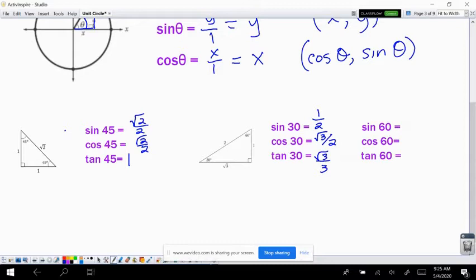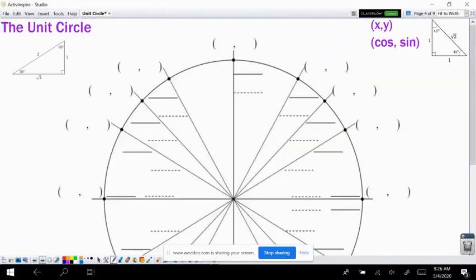Sine of 60, opposite over hypotenuse, root 3 over 2. Cosine of 60, adjacent over hypotenuse, 1/2. And tangent of 60, opposite root 3 over adjacent 1, which simplifies to root 3. And of course, you've been working on memorizing those, so those will come easily as we fill in our unit circle on the next slide.